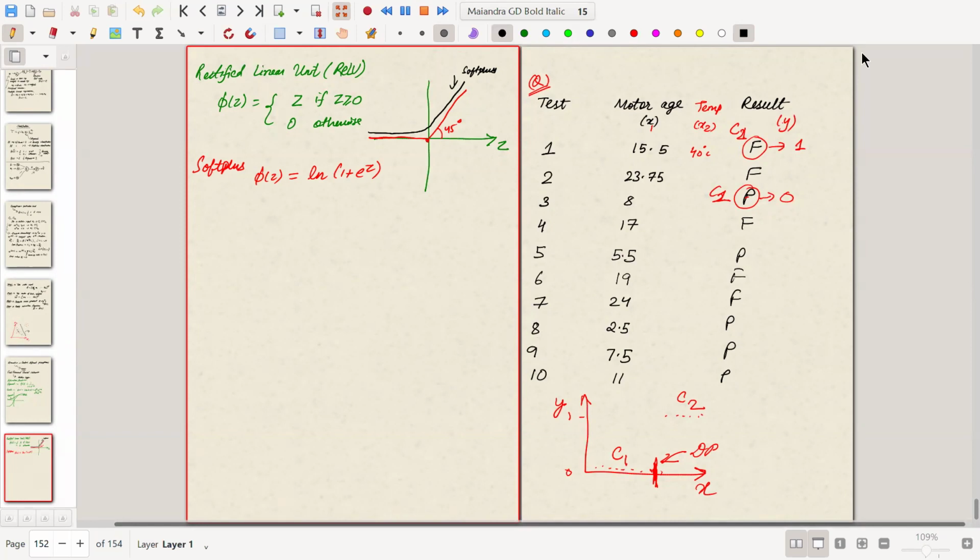Of course, you know about identity, where phi of z equals z. There are many more activation functions, and what we will do now is play around with TensorFlow.